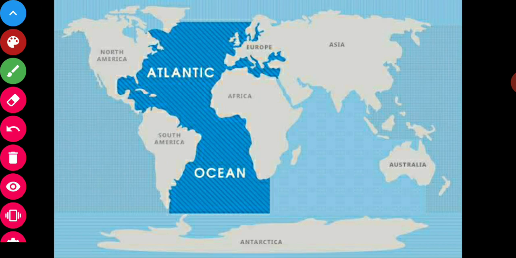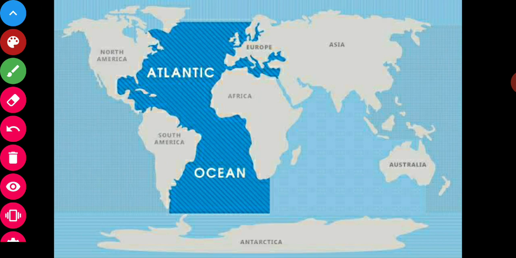It covers about 1/6 of the total surface of the Earth. The Atlantic Ocean is bordered by North America and South America to the west, and by Europe and Africa to the east.